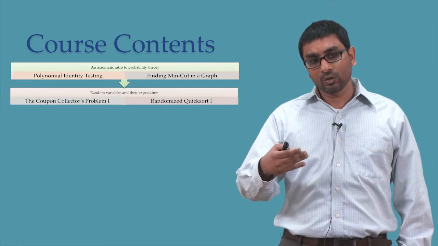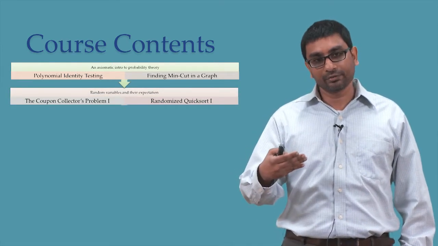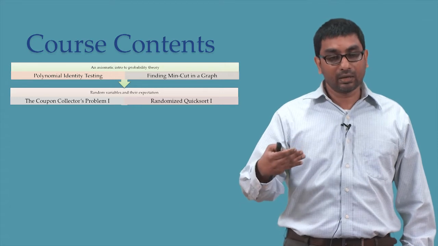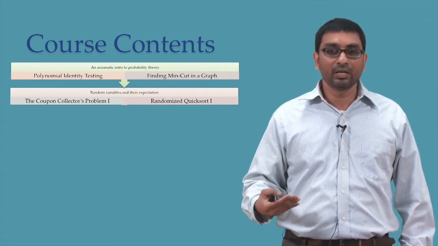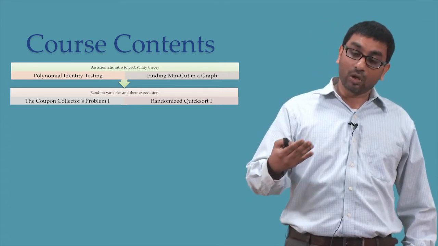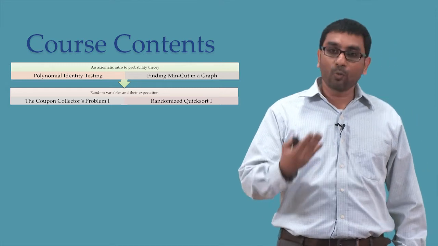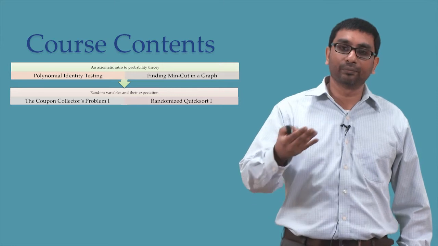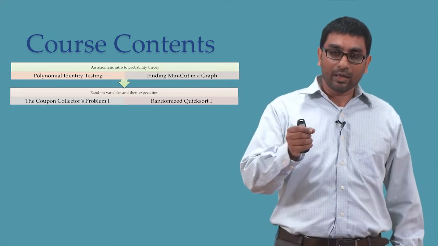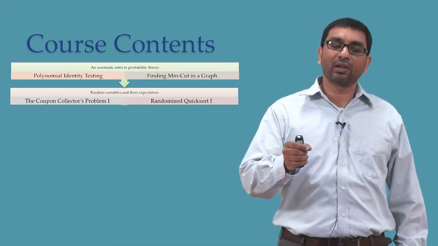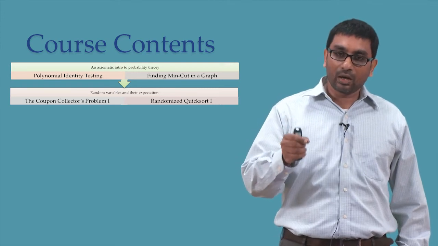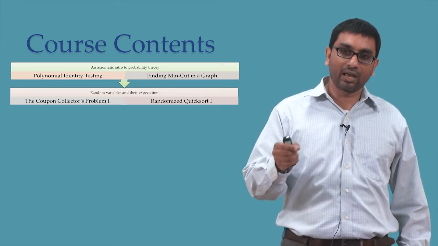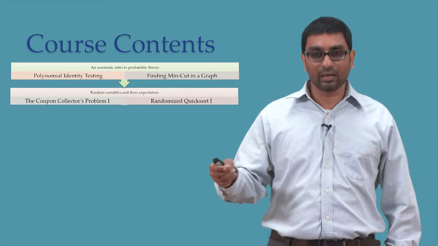We will then go on to an understanding of random variables and the expectation of random variables, and we will study again quicksort, which I hope is an algorithm that you have encountered at some point in your education. The key difference here is we will actually try to understand how randomized quicksort has good expected time analysis.